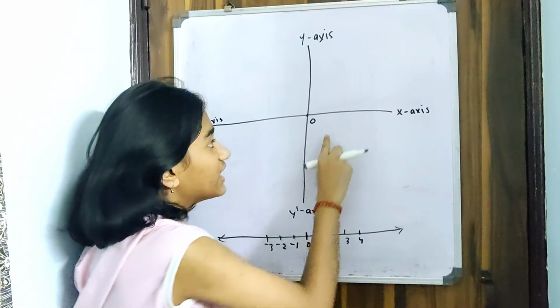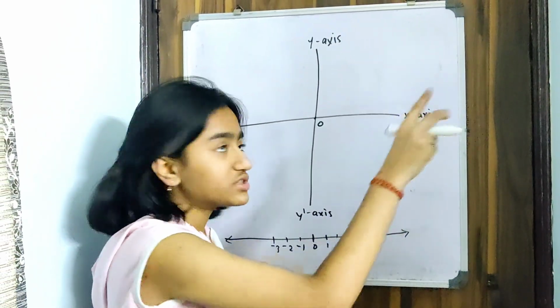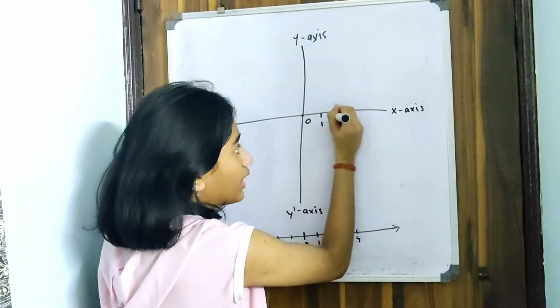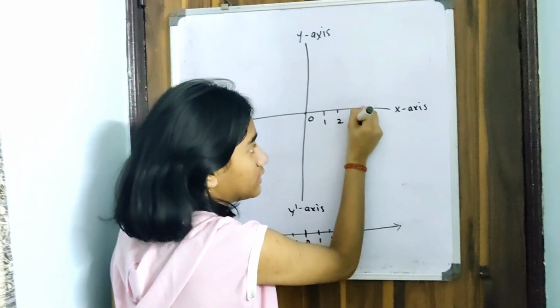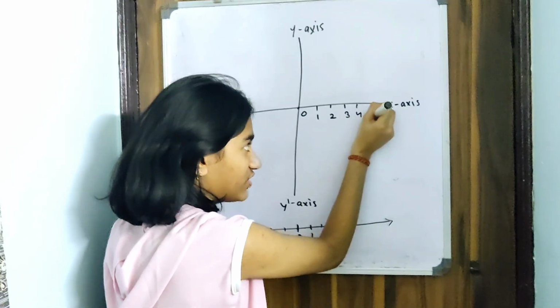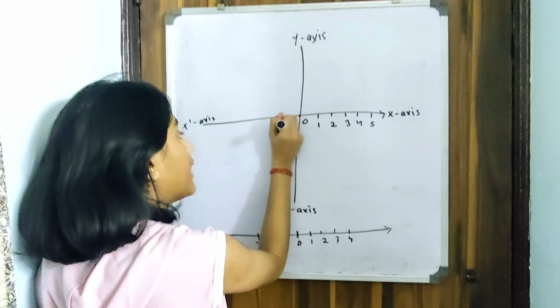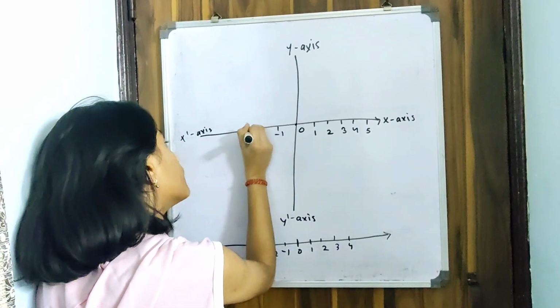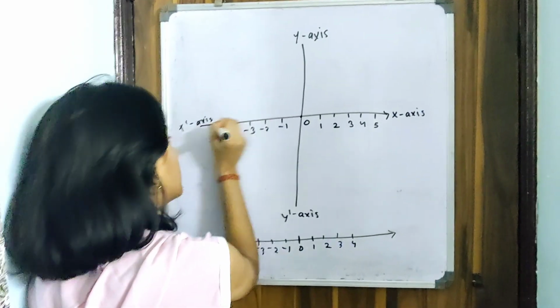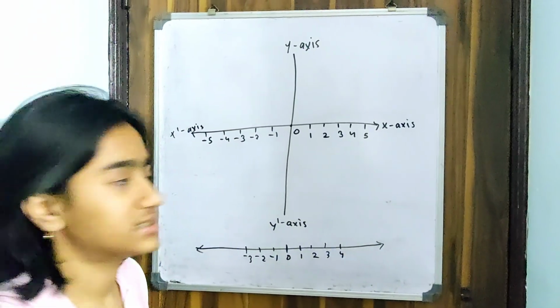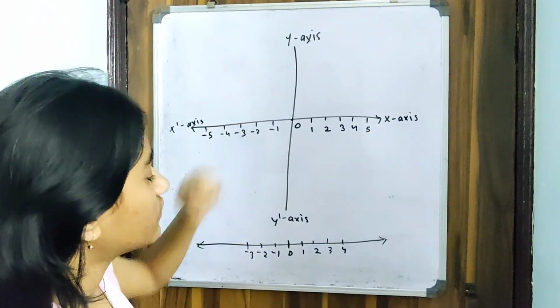So that is why on the x-axis, the right hand side is the positive line. Here it will be 1, 2, 3, 4 and 5. I am taking it to 5 only. And on the left side, it will be minus 1, minus 2, minus 3, minus 4 and minus 5. So this is about the x-axis. Now the same we will use for the y-axis.